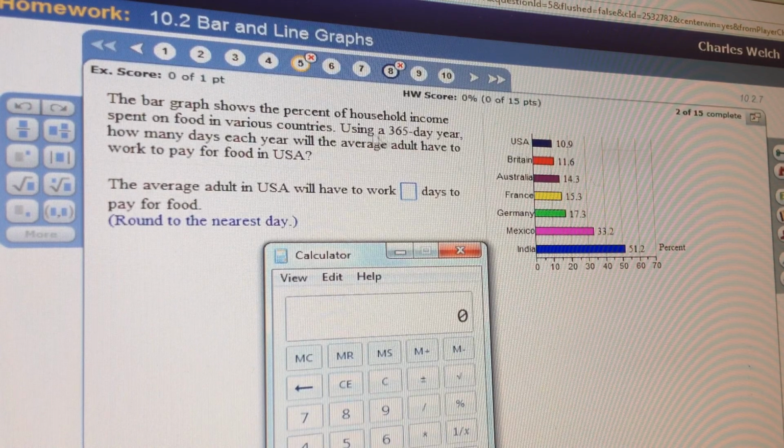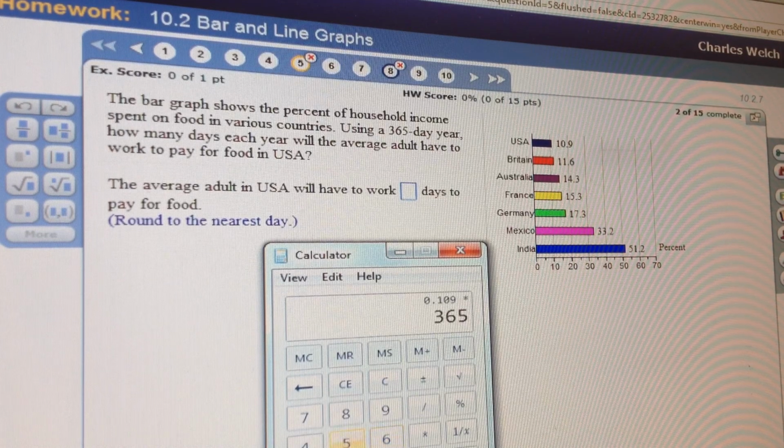10.9% of these days. We'll take our 10.9% and change that into a decimal. So 10.9% as a decimal is 0.109. And we will multiply that times the number of days, 365 days.